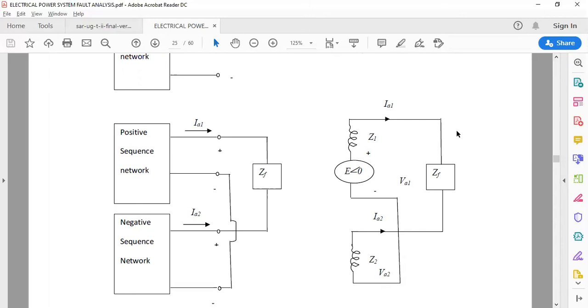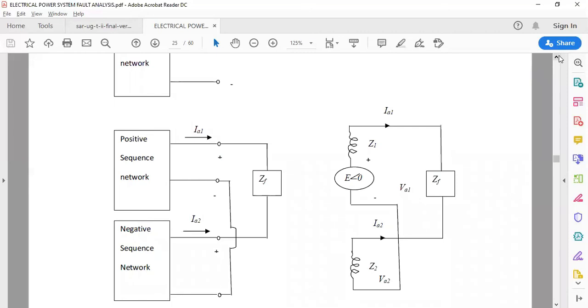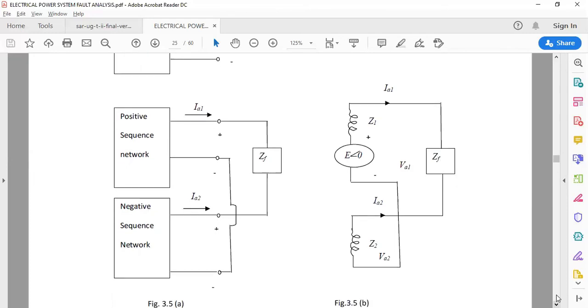Therefore, the zero sequence network is absent, and the remaining networks, that is the positive sequence network and negative sequence network, are connected in parallel. They are connected in parallel because the voltages, VA1 and VA2, are equal. So the rest of the components you can see in more detail in this interconnection of sequence networks.